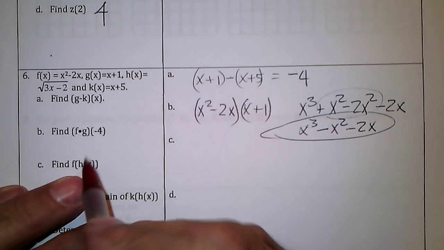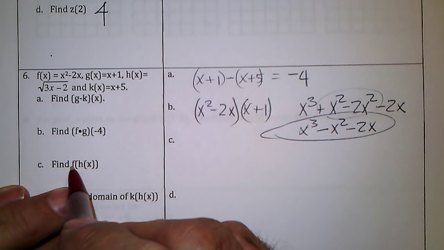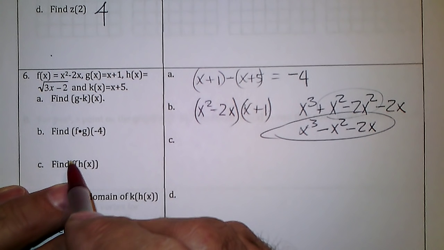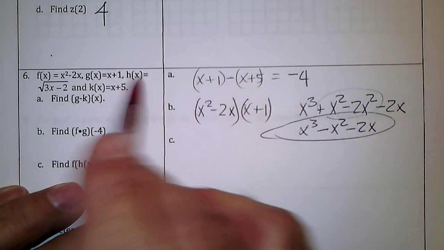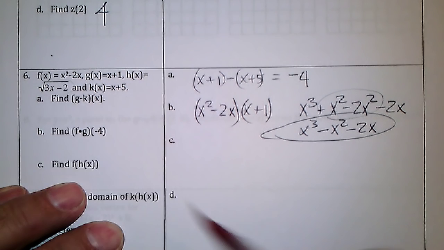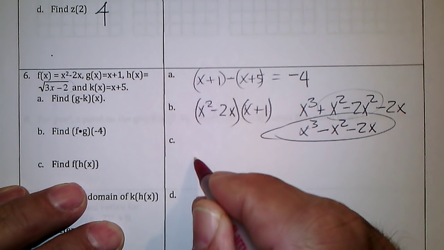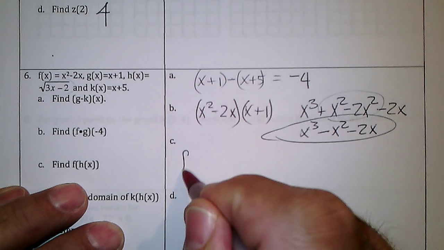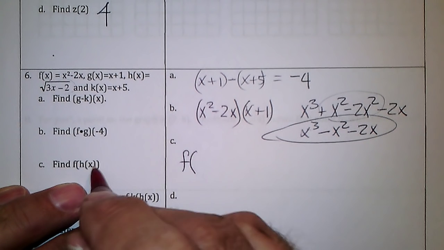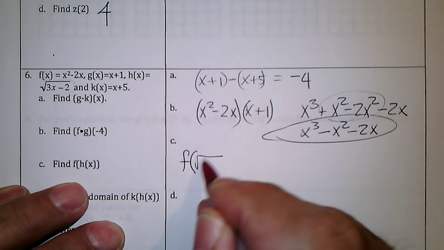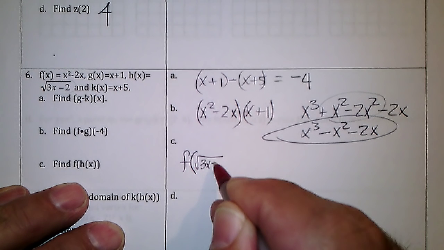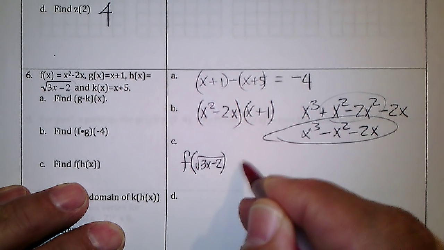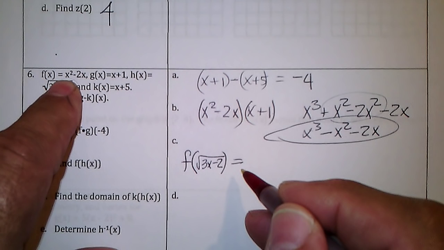We're supposed to put h of x into f. H of x is the square root of 3x minus 2. So we got to put that in place of the x's in f.